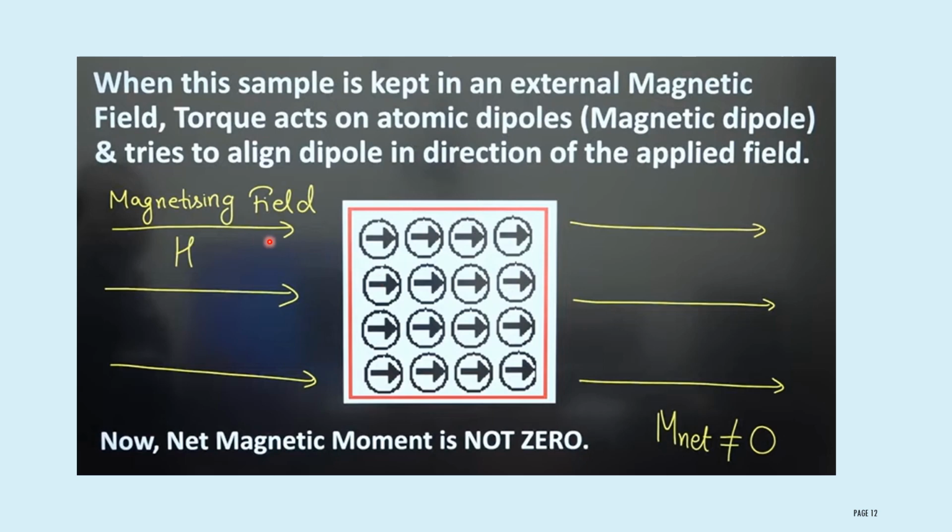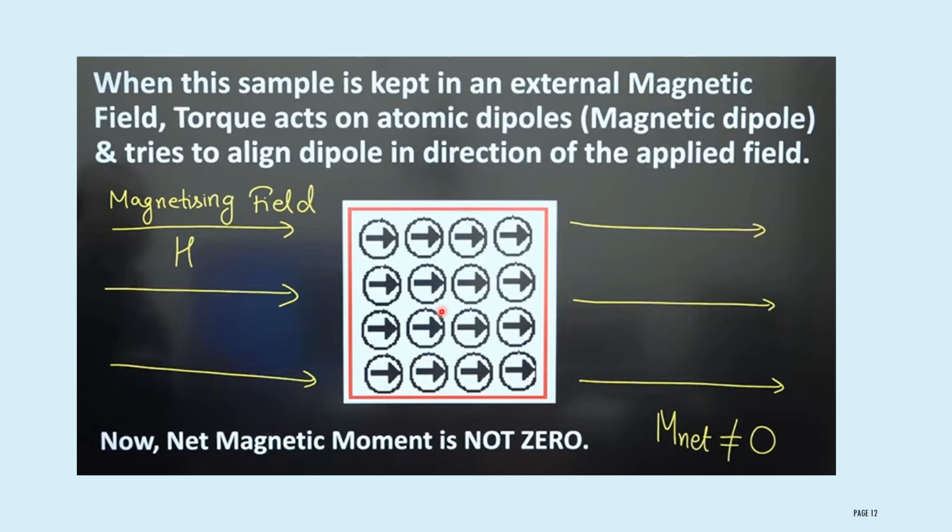But when you apply a magnetic field, the torque acts on an atomic dipole. Therefore, all the magnetic dipoles will be aligned in the same direction with the help of the applied field. In this case, the net magnetic moment will not be 0.